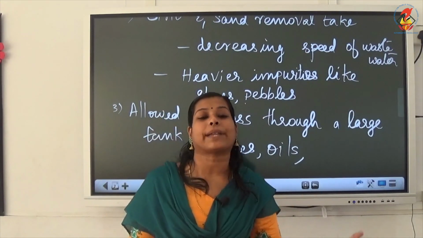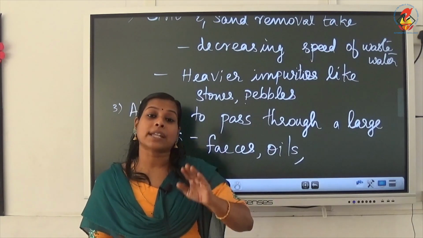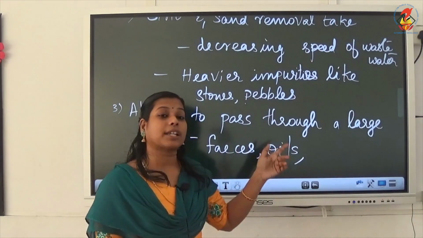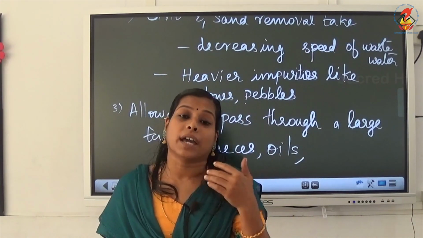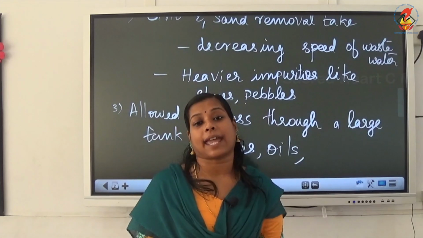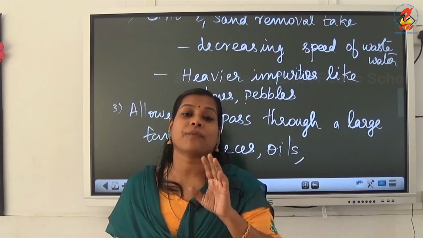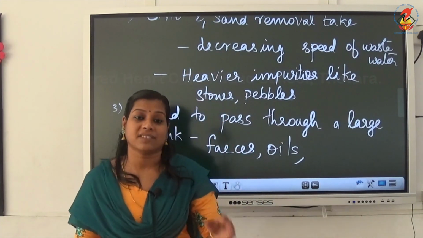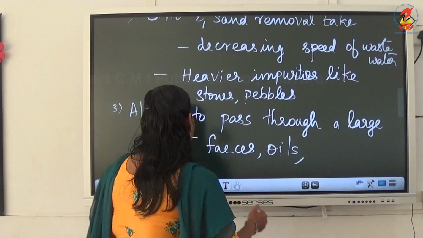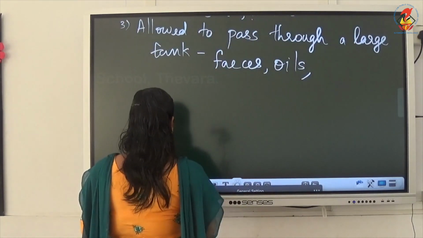We can scrape it and remove it as sludge. And from that water, floatable impurities like oils and grease will be removed using a skimmer. So the water is purified there, and the water obtained in that stage is known as clarified water.